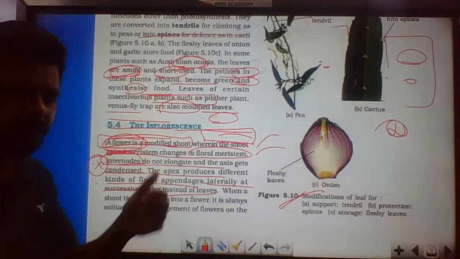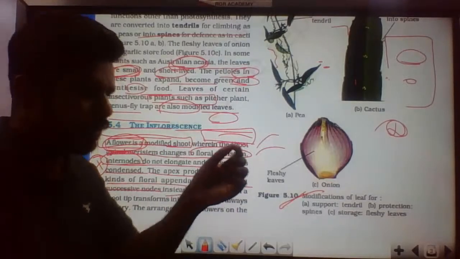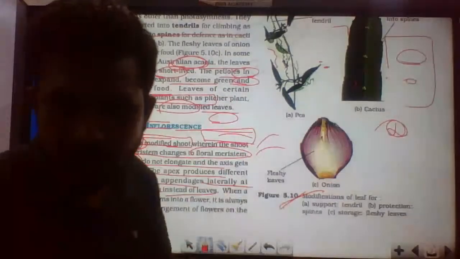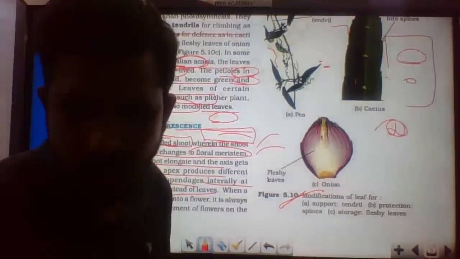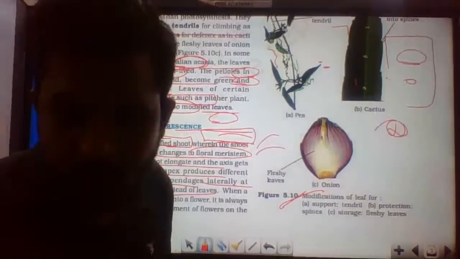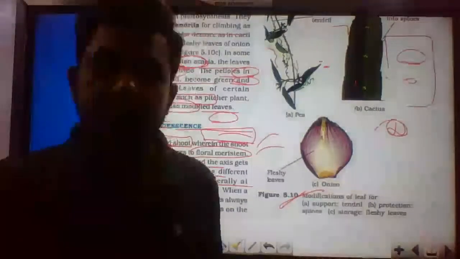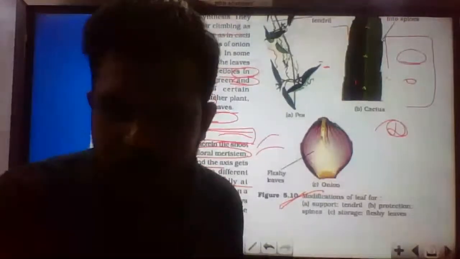We generally know that each and every node in a shoot system produces leaves, but here instead of leaves, flowers are produced. If the leaf gets modified, then where would be the site of photosynthesis? The modified leaves also sometimes, like tendrils, perform photosynthesis.